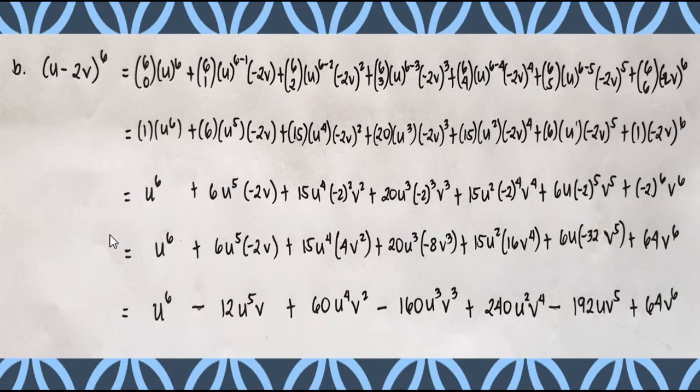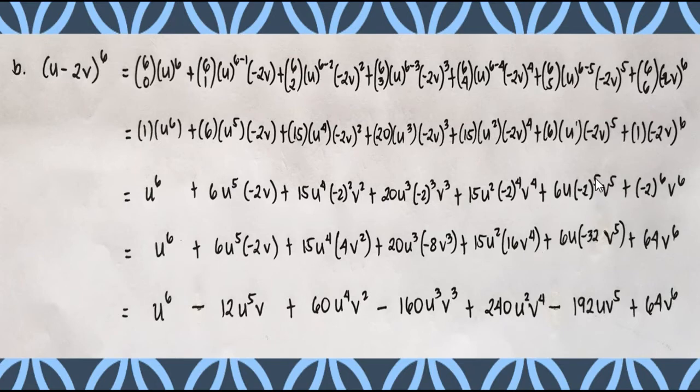Okay, so we simplify it. Copy. Here, negative 2 squared is 4, since squaring a negative gives a positive. Here, negative 2 cubed, the result is negative 8 since 3 is an odd number. Then negative 2 quantity to the power of 4 is even, so positive 16.